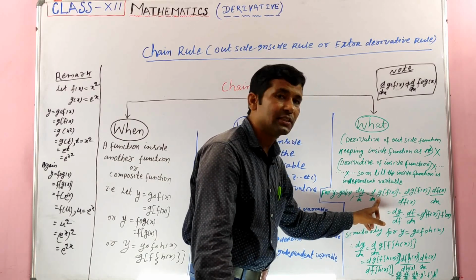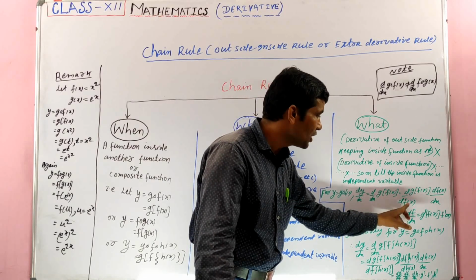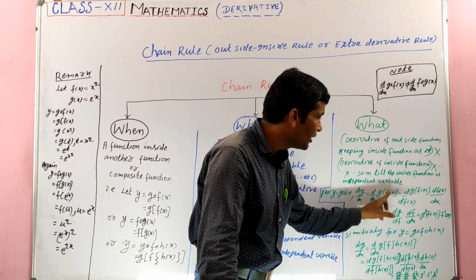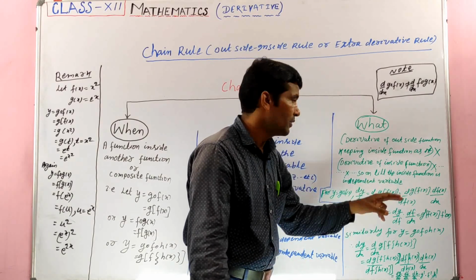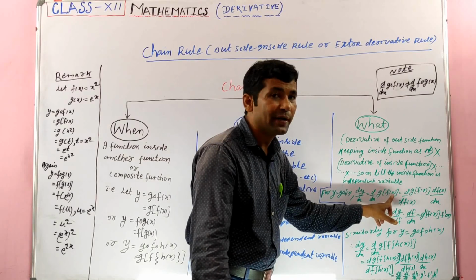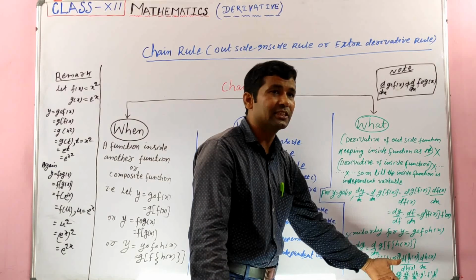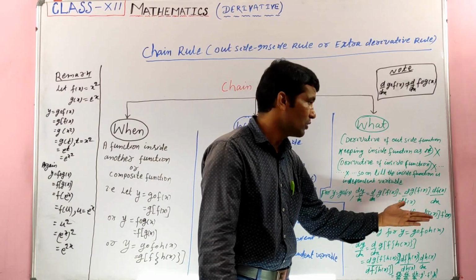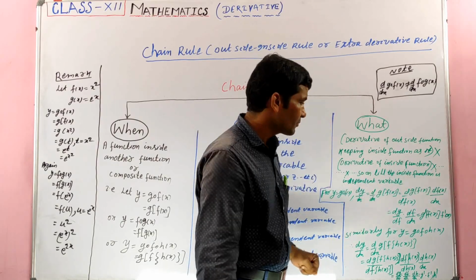So we have to first find the derivative of the outside function keeping the inside function as it is, and then the derivative of the inside function with respect to the independent variable if the inside function has the independent variable. Otherwise, we have to again adjust the inside variable or inside function with respect to d of that.